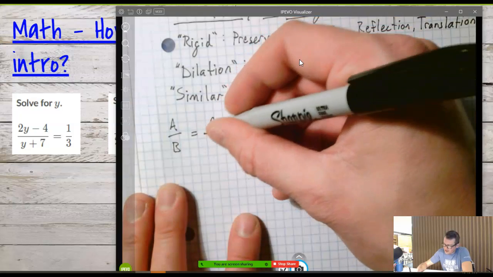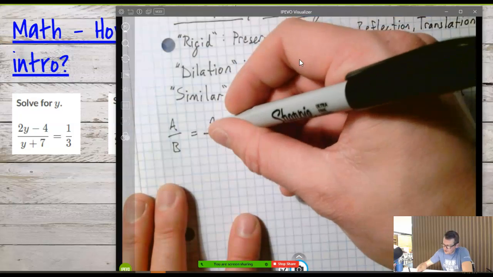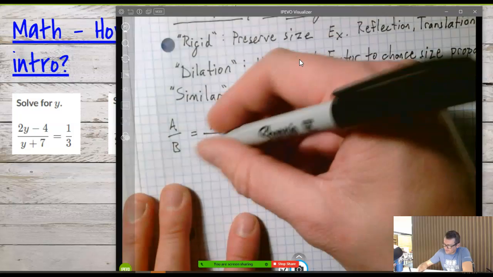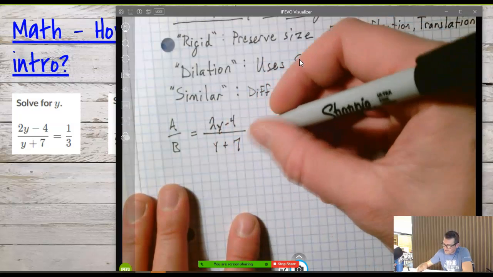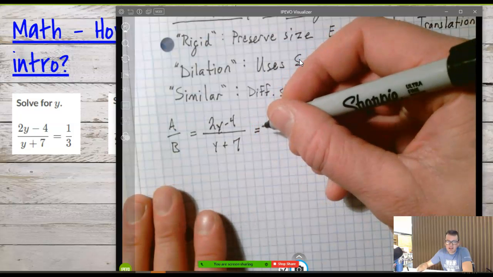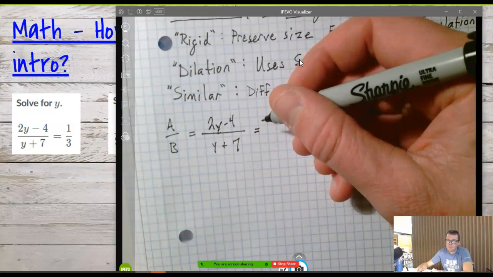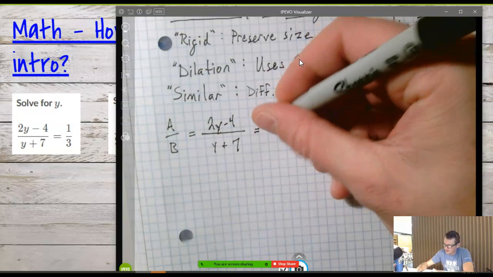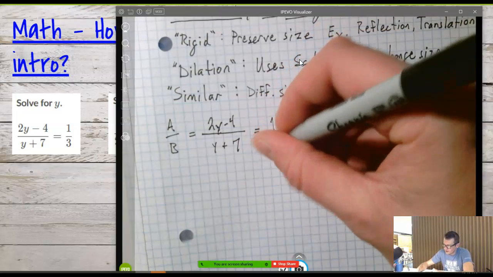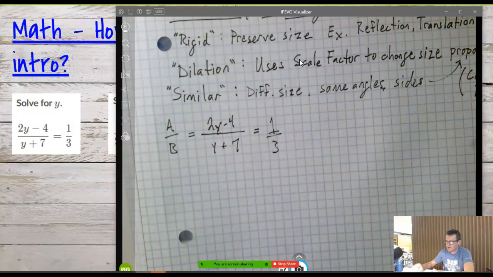That sets up a ratio that any side that corresponds from A to B will share a common ratio. So maybe the side on A was told to us to be 2y minus 4, and the side on shape B is said to be y plus 7. We compare that to another pair of sides that match each other, and maybe those sides are actually 1 compared to 3. And guys, we're going to see this later in the lesson. We're going to practice this.